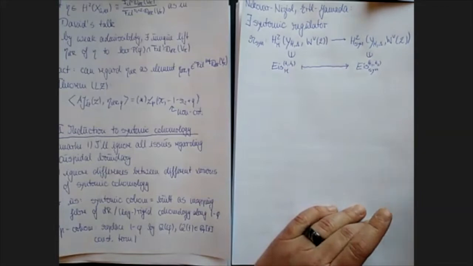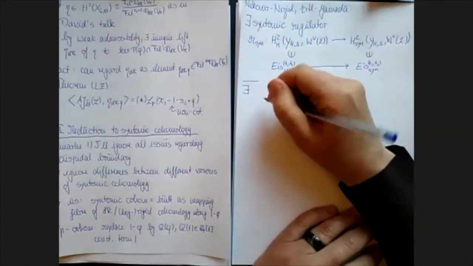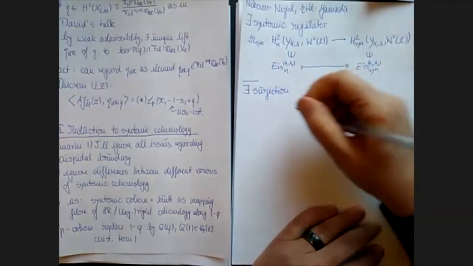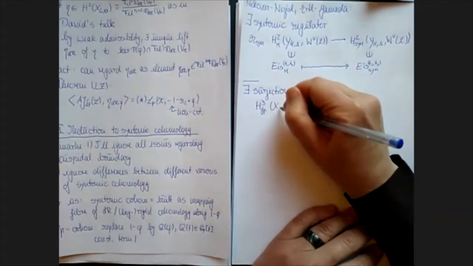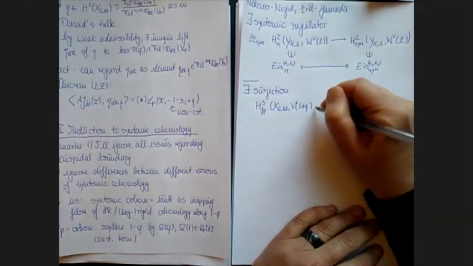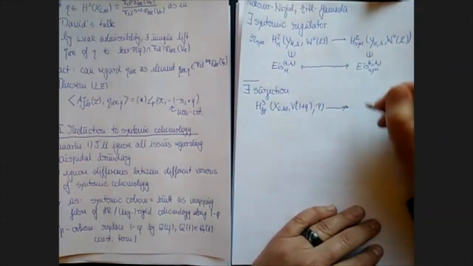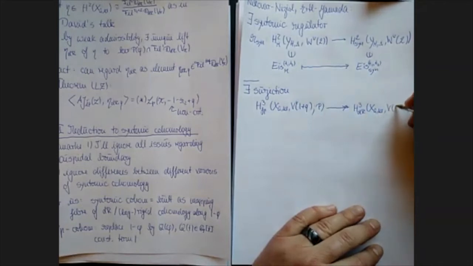Now, what about the class arising from eta? Well, it turns out that from the definition of FP cohomology, there exists a surjection from the H3 FP of xg Klingen, V of 1 plus Q with respect to the polynomial p of t, onto the H3 de Rham of xg Klingen with coefficients in V twist 1 plus q.